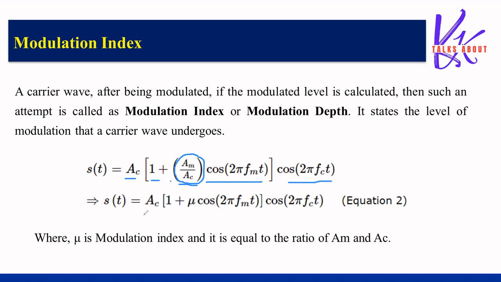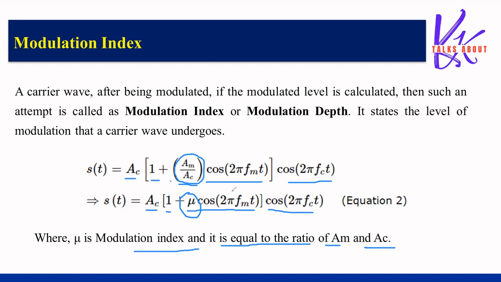So s of t equals Ac into 1 plus mu cos of 2 pi fmt into cos 2 pi fct, where mu is called the modulation index, which decides how much amount of modulation is done. Mu is the modulation index and it is the ratio of Am by Ac.